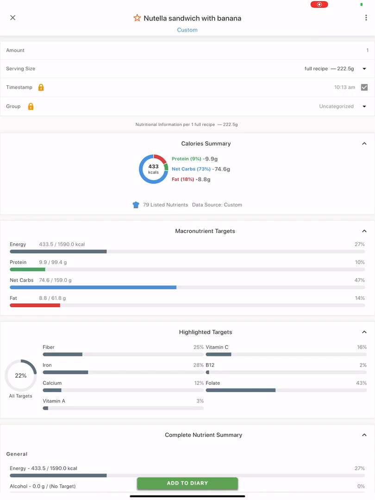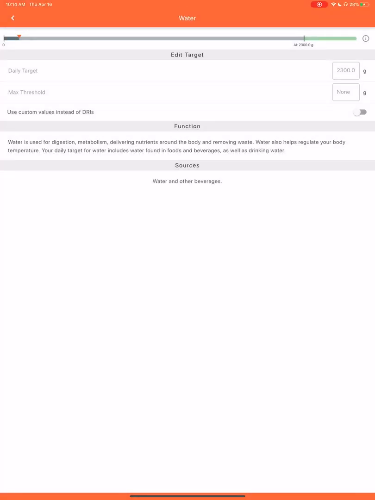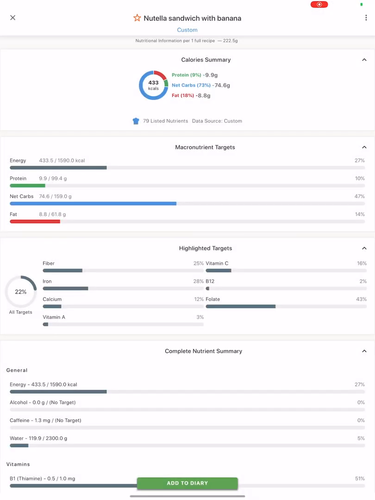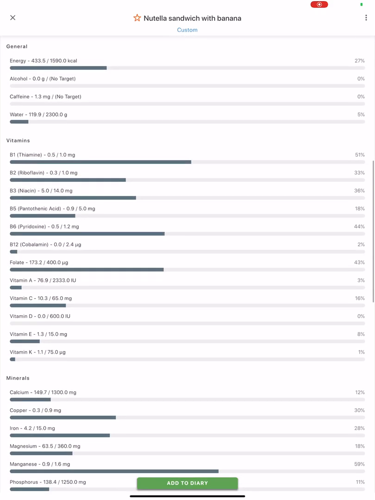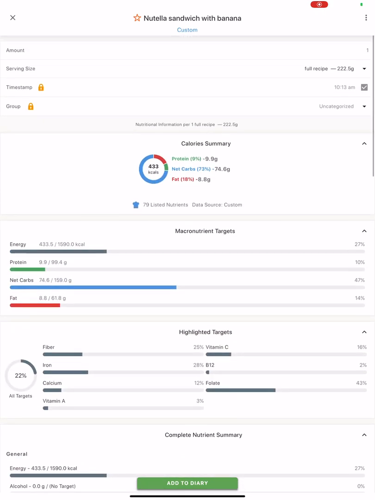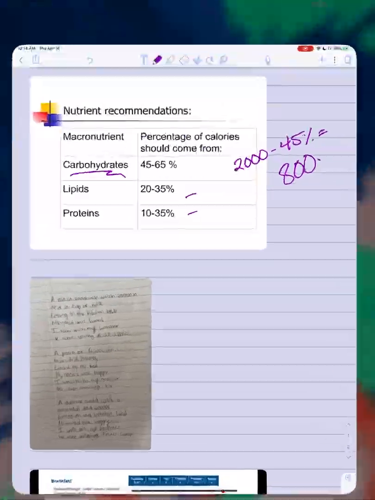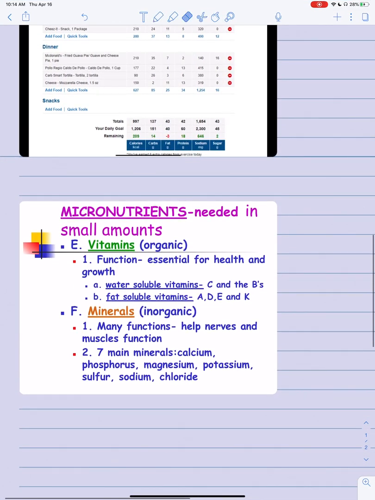Okay. In this app right here, I want you to notice this right now while I'm here. The highlighted targets down at the bottom show me the targets for fiber, iron, calcium, some vitamins, and folate. As I scroll down, it gives me a much more detailed version of the minerals and vitamins that I need. And hopefully, you remember that those are called micronutrients. Okay, so the micronutrients are things that you need in small amounts, and they're very important.